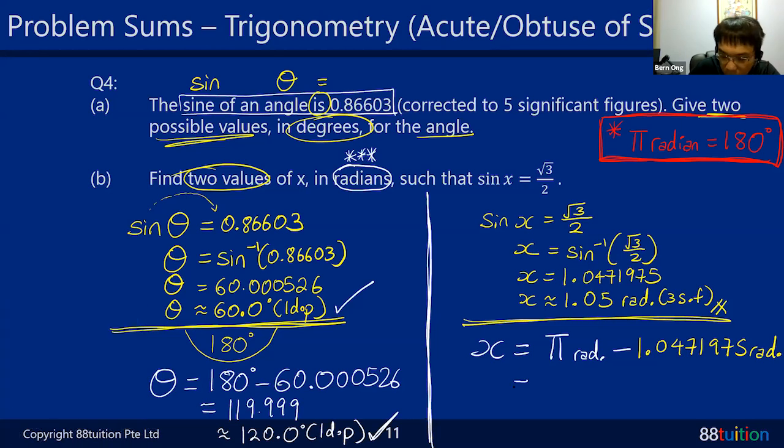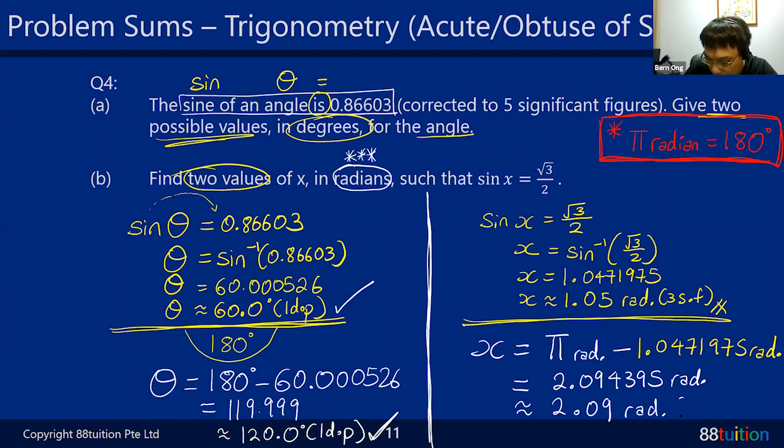Because I want to make sure that my answer accuracy is there. So you simply take your calculator's pi minus the previous answer. You should get 2.094395 radian. Radian always give to 3 significant figures. Angles only give to 1 dp. So this one is radian, the unit, and you declare it as 3 significant figures.